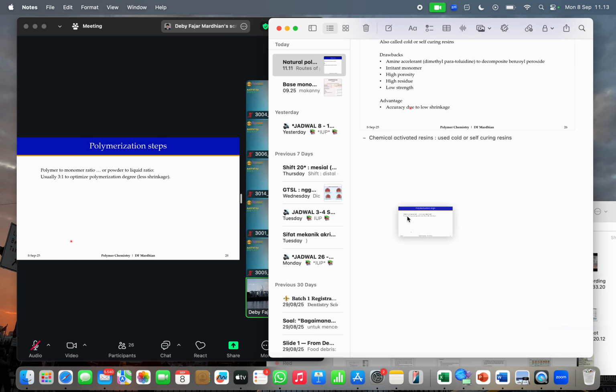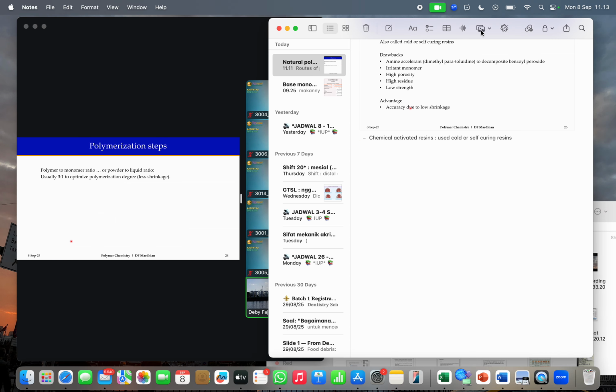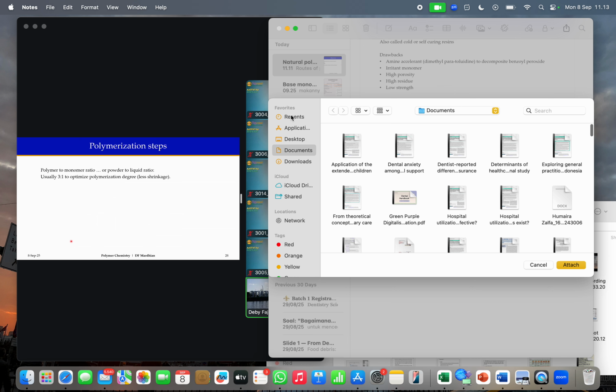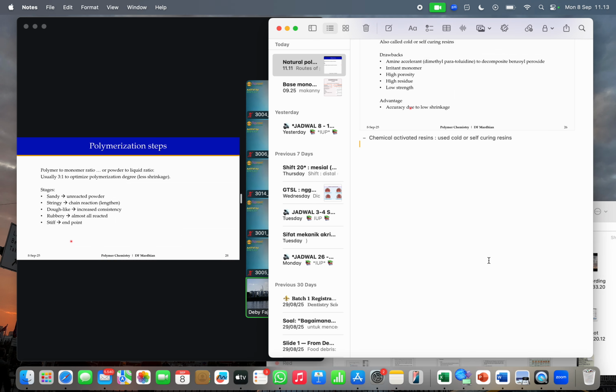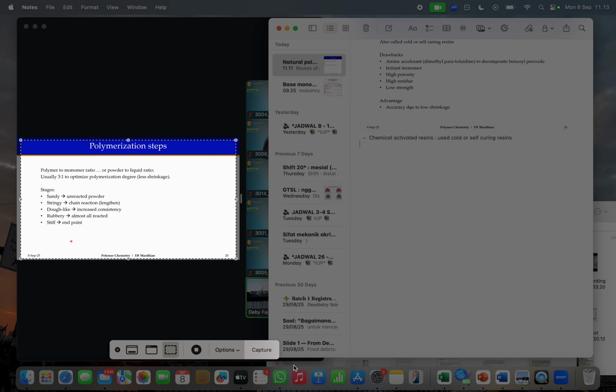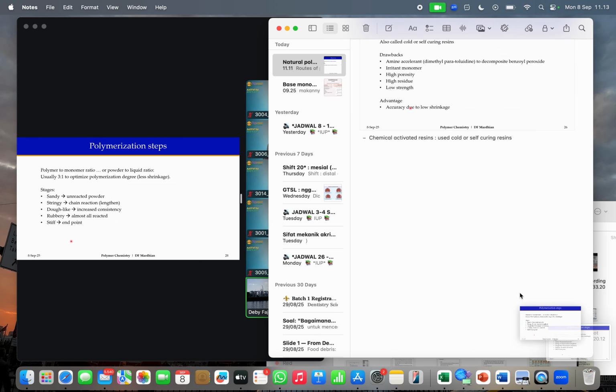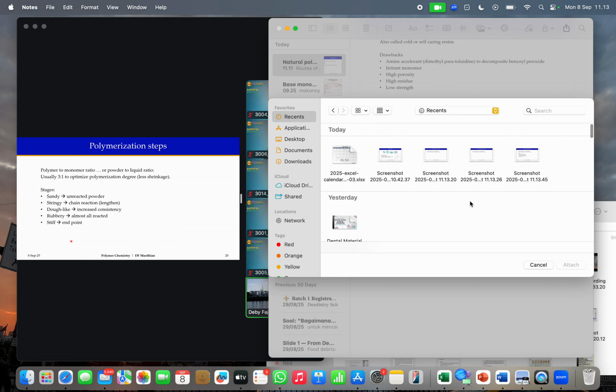You mentioned four stages of polymerization steps in heat activated resins. So the first stage is sandy, when we have unreacted powder. This occurs when we just mix the powder and the liquid.